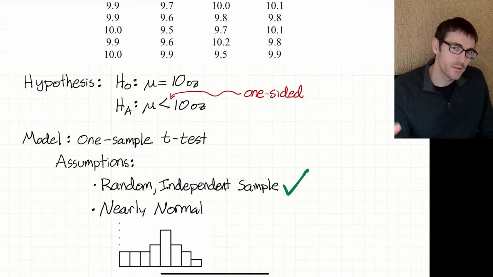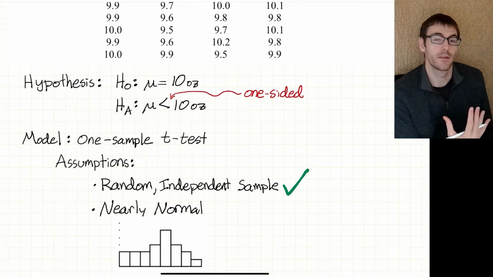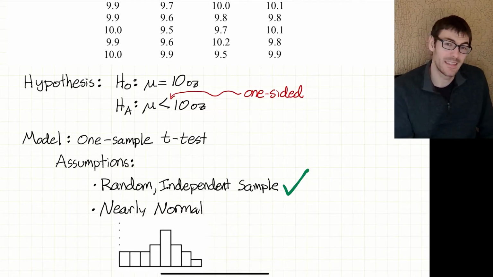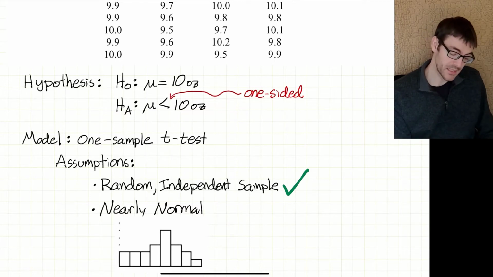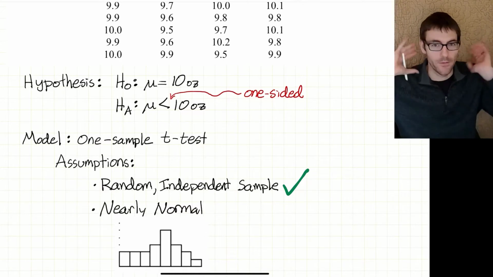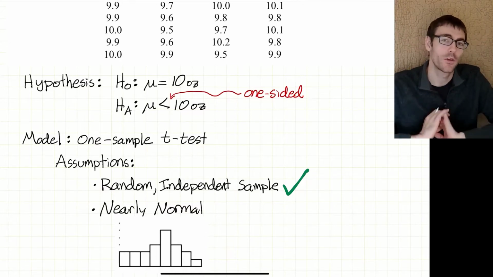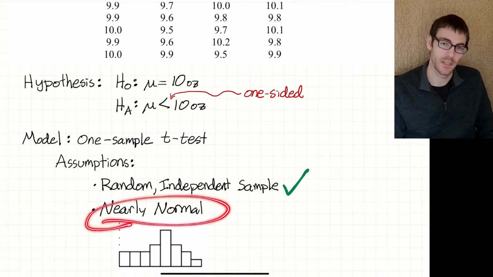Whenever we do this, we have to account for the fact that we are chronically underestimating by using a different distribution. Rather than using our normal distribution, we're using our t-distributions. And whenever we switch over to using t-distributions, we have to check the nearly normal condition.